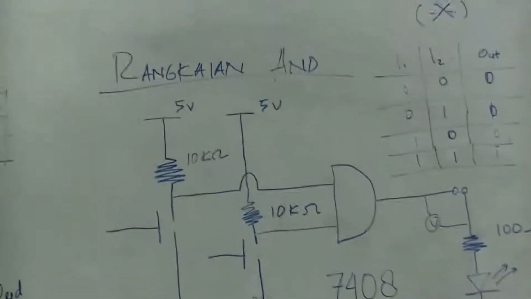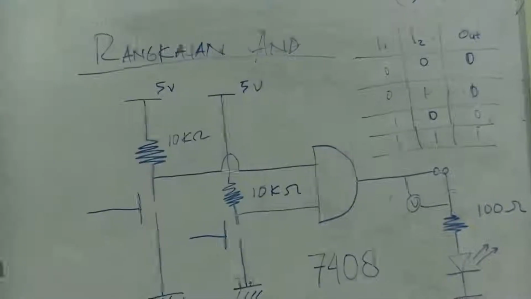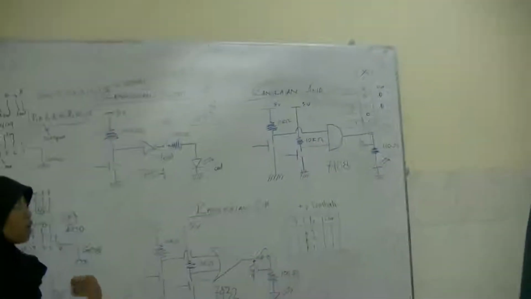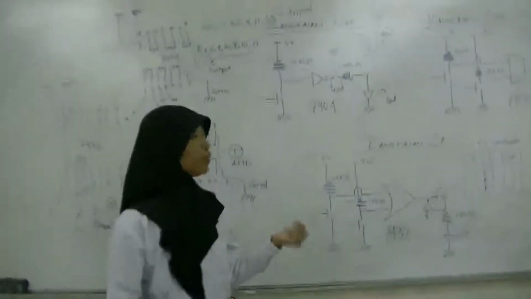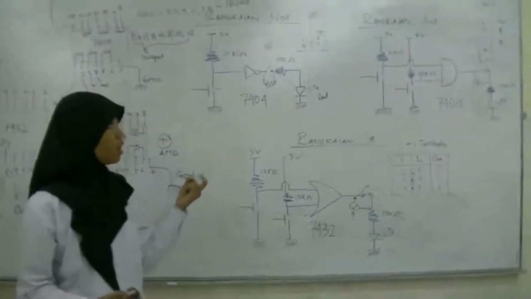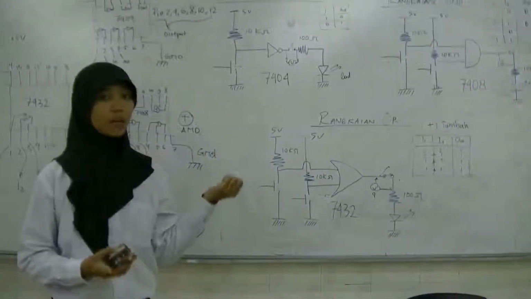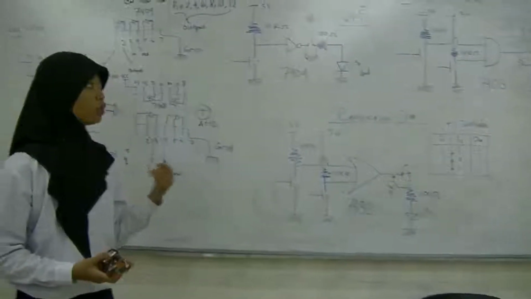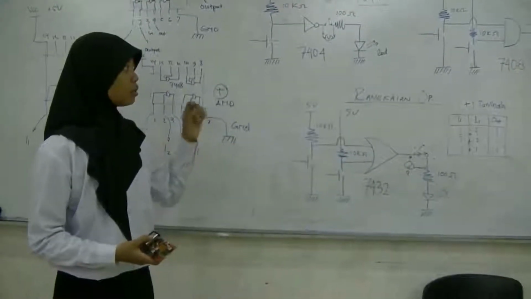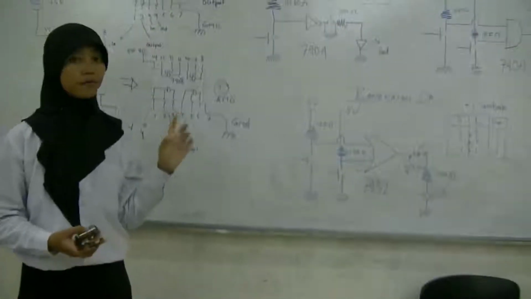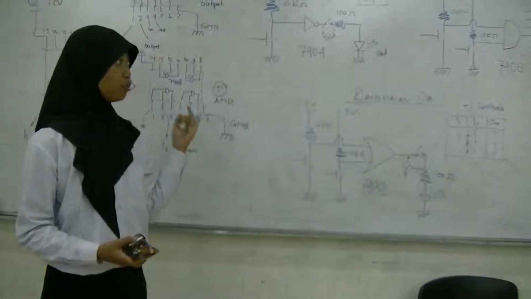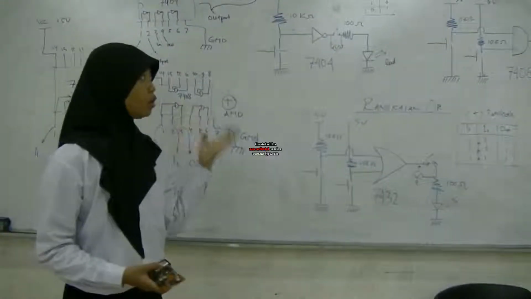And then the truth table is like this. If we give the first input low and the second input low, the output will be low. And then if we give the first input low and the second input high, the output will be low. And then when we give the first input high and the second input low, the output will be low.